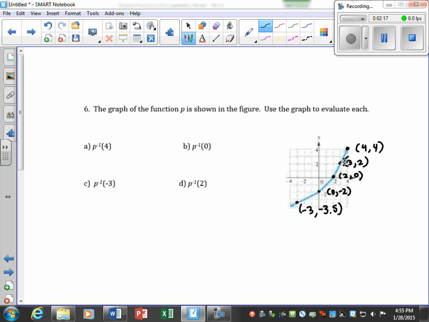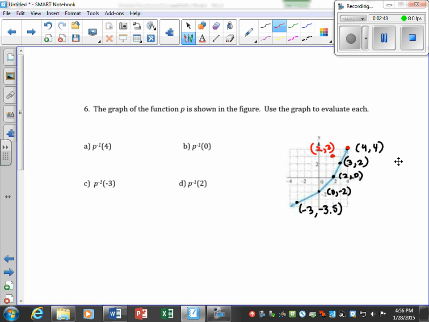Okay, so if that's my original function, all of these are asking me about the inverse. So I'm going to say let that be p of x. The questions are about p inverse of x. So if my function has the point (4, 4), the inverse for this one would be (4, 4). But what's the inverse of (3, 2)? (2, 3). Good, so let me just plot my inverse. (4, 4) is the same because it's the same numbers, obviously. The inverse of (3, 2) is (2, 3).